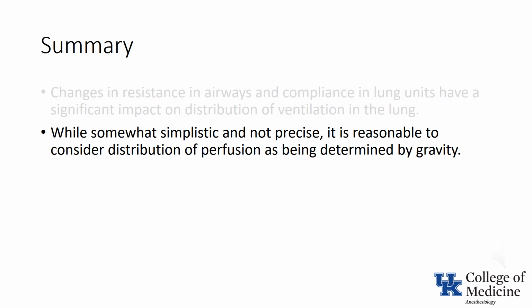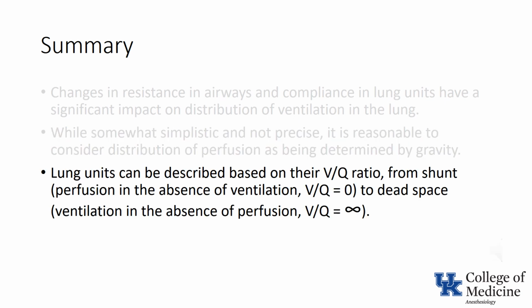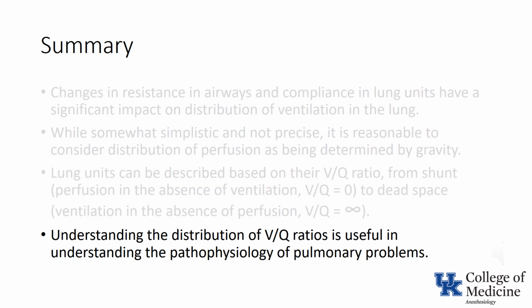It is useful to consider the distribution of perfusion as being primarily influenced by gravity. VQ ratios describe the relationship between ventilation and perfusion. Finally, VQ ratios are helpful in understanding the pathophysiology of pulmonary disease.